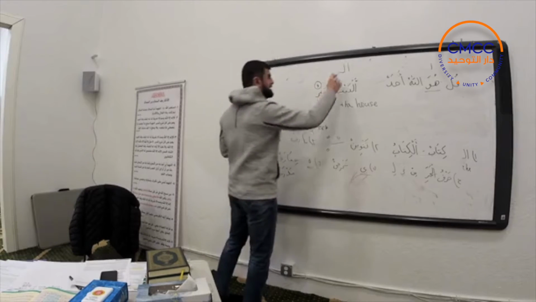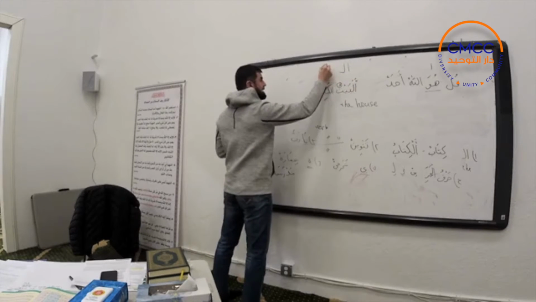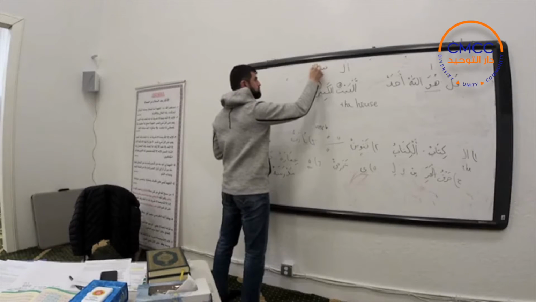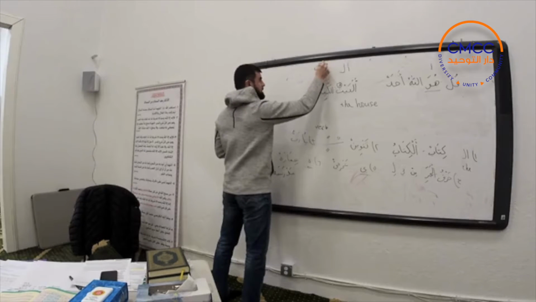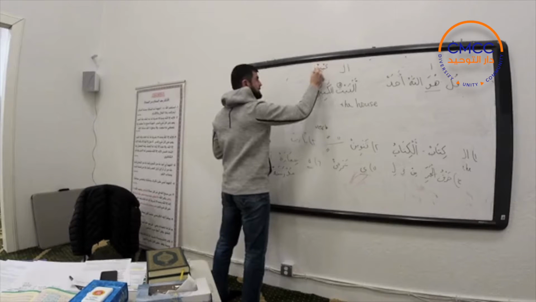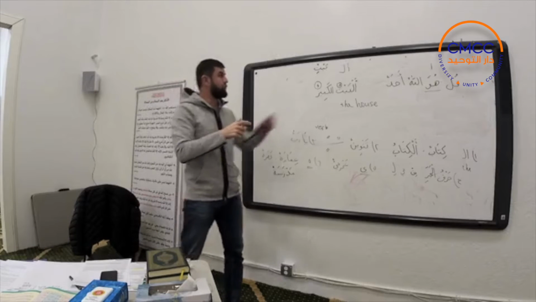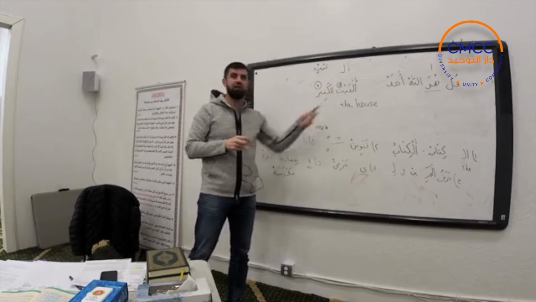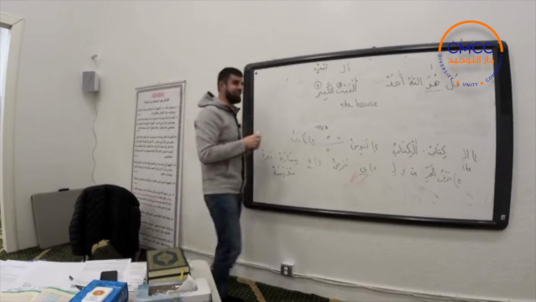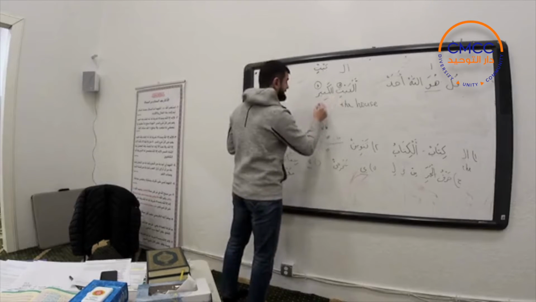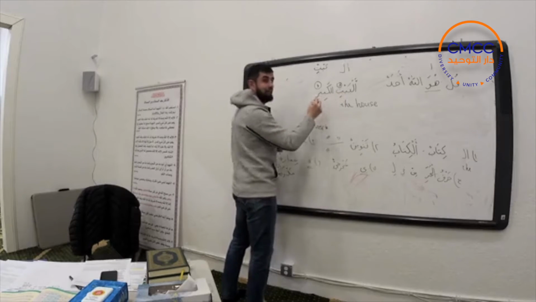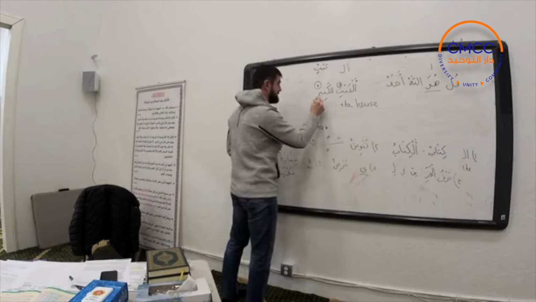If it's without al, we're talking about baytun or baytin. But as I told you, if we put al in front of the noun, al-bayti, exactly, it's going to be al-bayti. Al-bayti, al-kabiri. Okay.